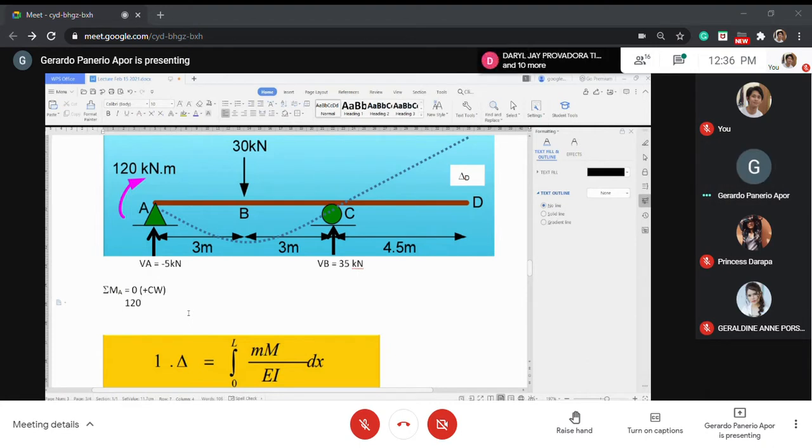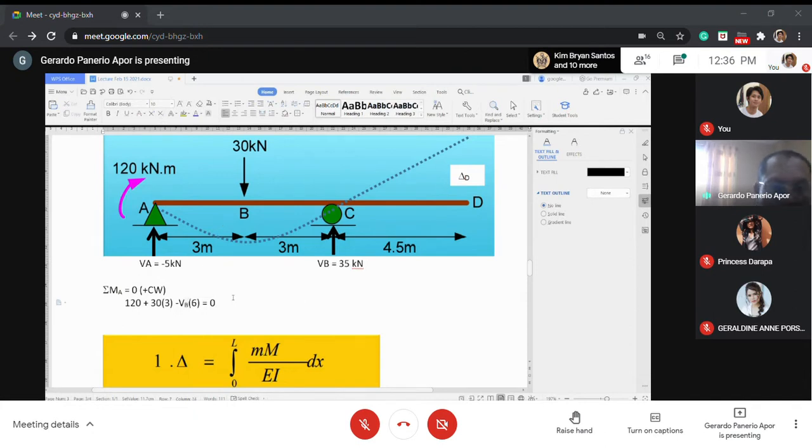Then you have another clockwise force that's 30, with a moment arm of 3, to make that kilonewton meter. And then we have also minus BB times 6. Wala na lang load, it is equal to 0. So this is BB.